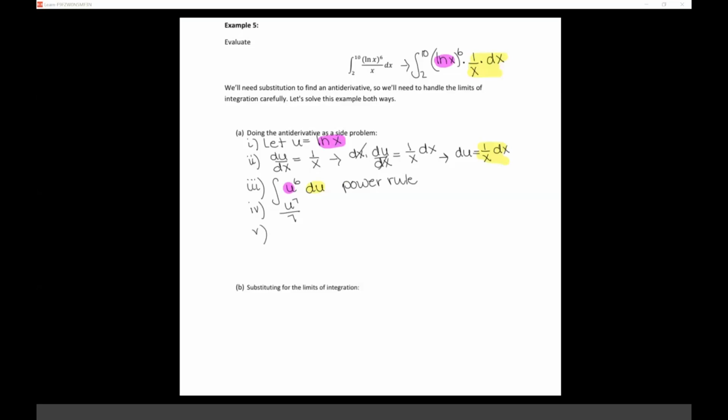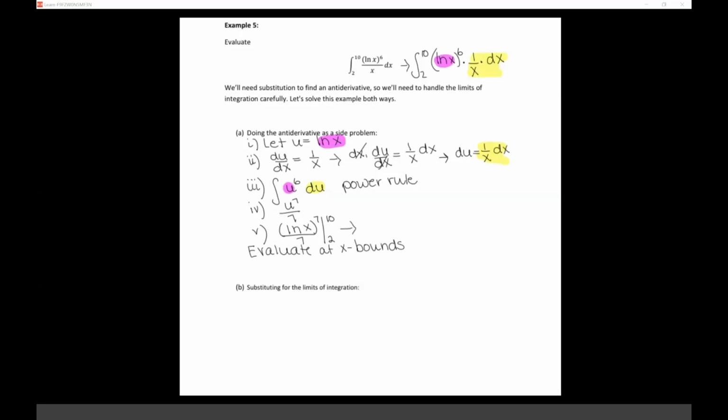Now I get to substitute my x's back. So what did I say u was? I said u was ln of x. So that's ln of x to the 7th over 7. And now using my original x bounds I had from 2 to 10, evaluated at the x bounds. I'm going to pull through the 1/7 in the denominator.